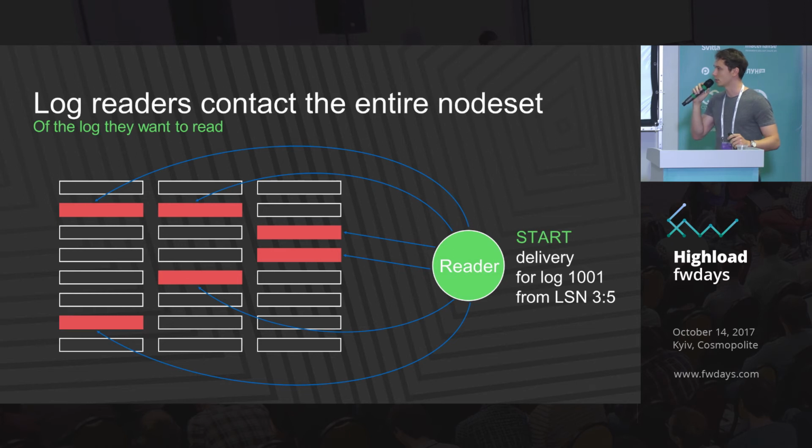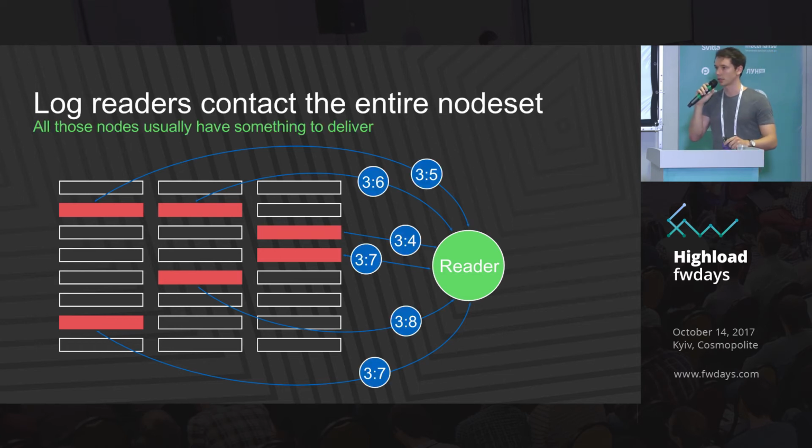In this case, the reader will take a look at the metadata and understand which historical node sets it needs to access to read data from A to B. And then it will take a union of these node sets and connect to all of them.